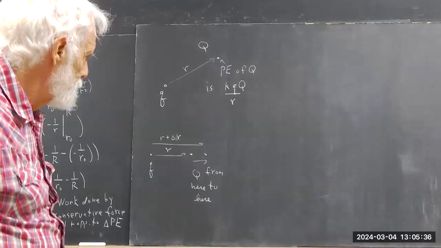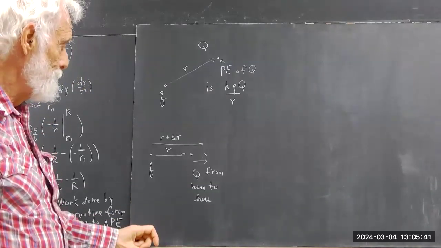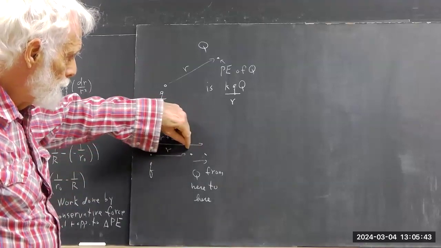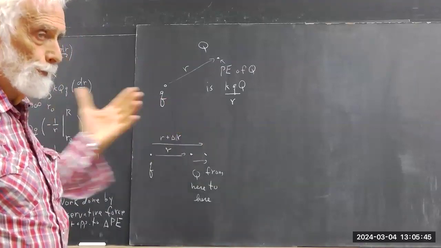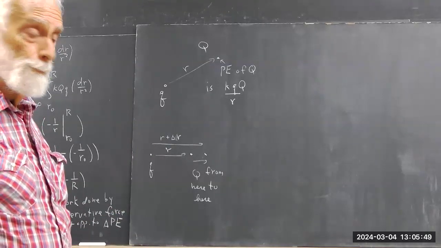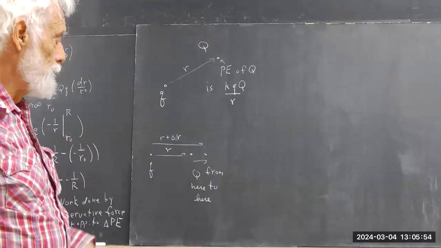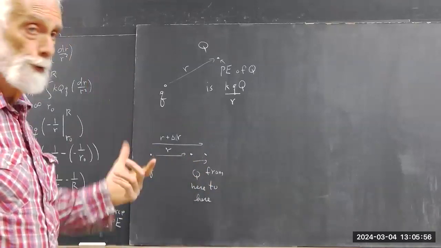Now, in this case, where would you move it? From here to here or from here to here if you wanted it to fly back? Yeah, move from here to here, because we're getting closer in this direction. Now let's assume that both these charges are positive.